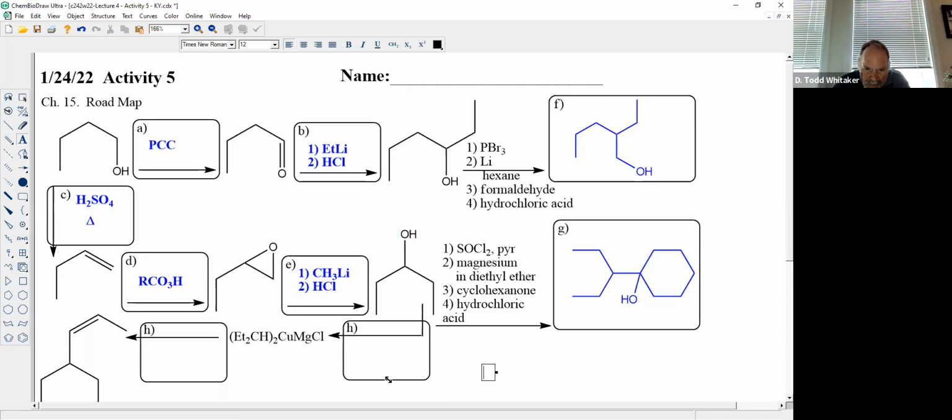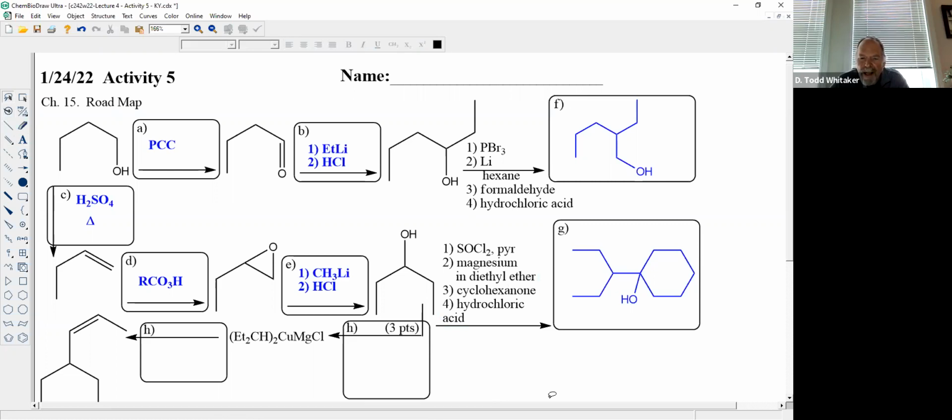Now, I'm gonna pull a fast one here. On tests, I typically like to remind you that it's not a one-step process to get from an alcohol to a Gilman. It's not even a two-step process. Wow, that's a three-pointer in that box. You look at that roadmap we just did.